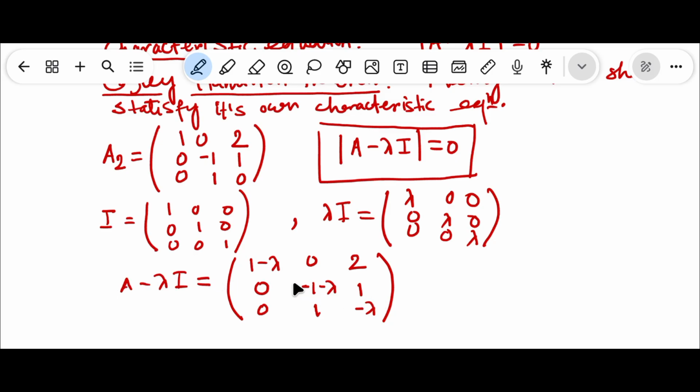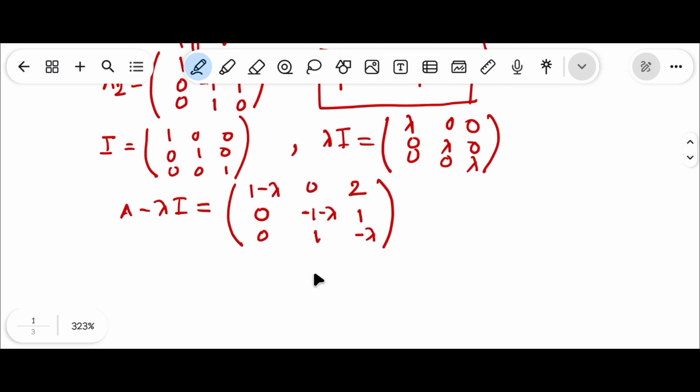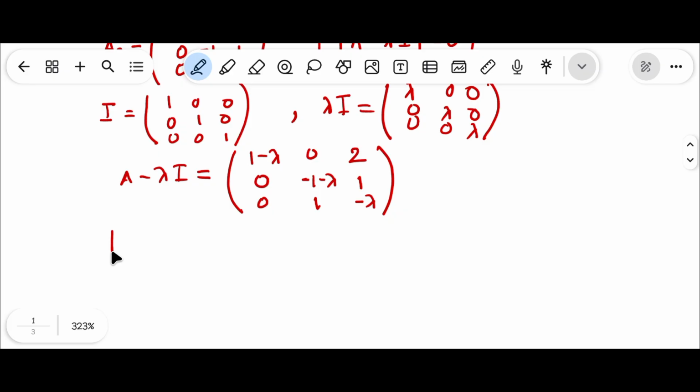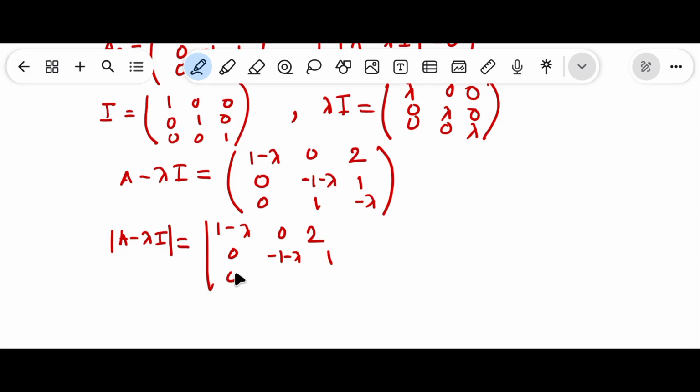Now we have to find the determinant of this. So determinant of A minus lambda I equals determinant of 1 minus lambda 0 2, 0 minus 1 minus lambda 1, 0 1 minus lambda.